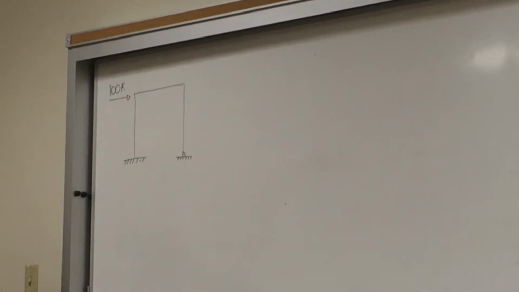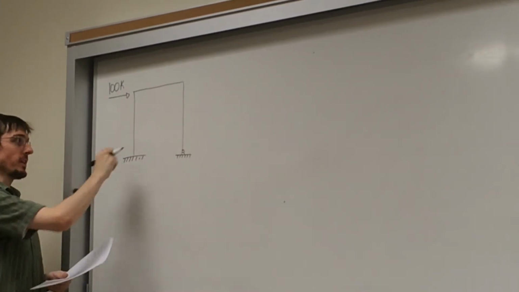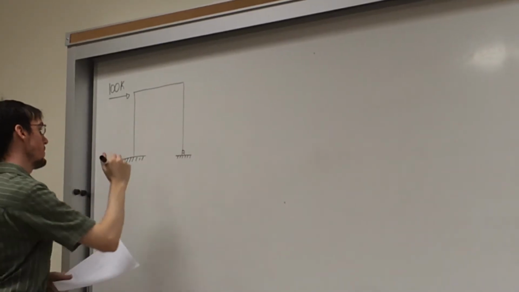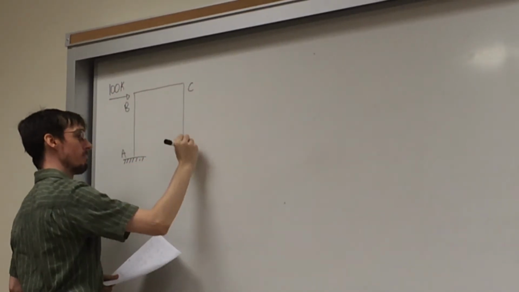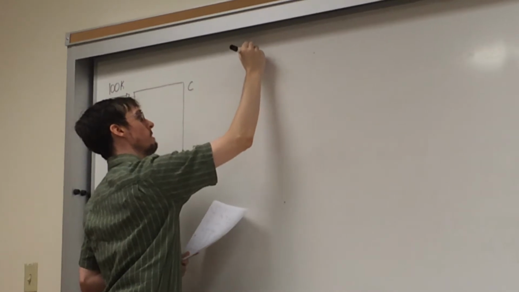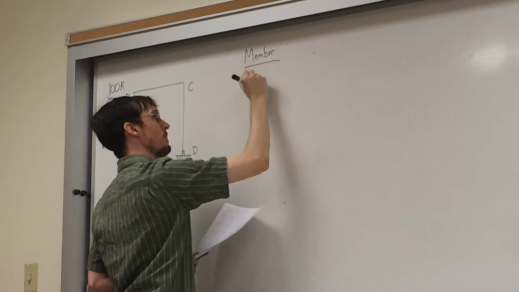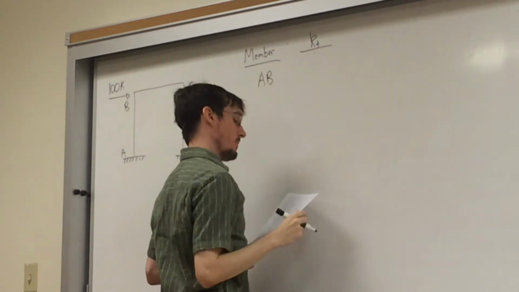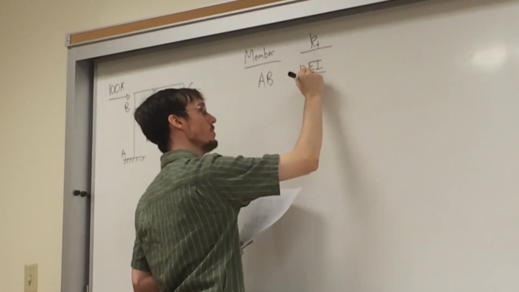We're now looking at the translational behavior of this frame. So we want to look at the translational stiffness of each of these members. So we have a fixed member on this side. We have a fixed pin member on this side. So if we look at member AB, for a fixed, translational stiffness is 12 EI over L cubed.